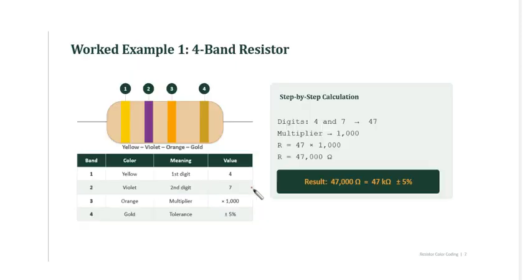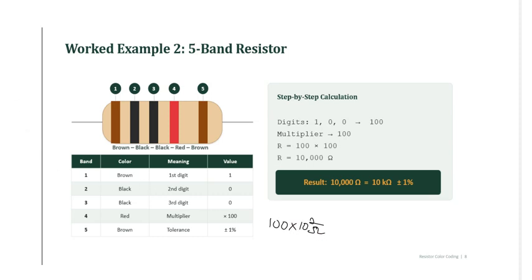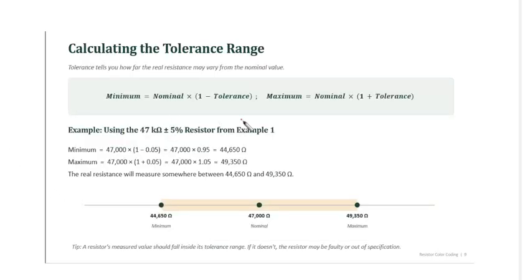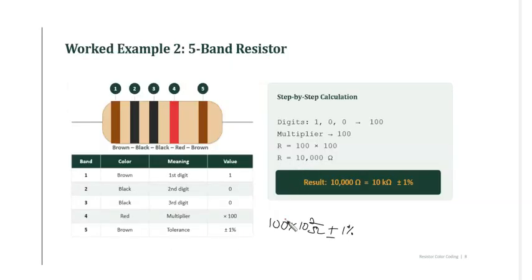So we go there, we have it that the tolerance here now is plus or minus 1%. All right. So what then is the nominal value? Recall that I want to understand what nominal value is. The nominal value, I beg your pardon, is this value now that is calculated, which is 100 times 10 to the power of 2, all right?